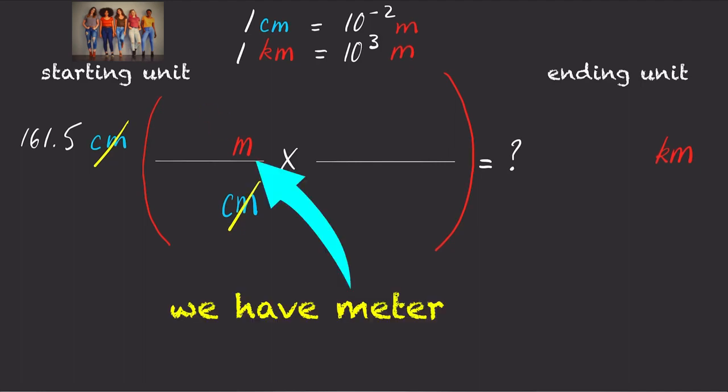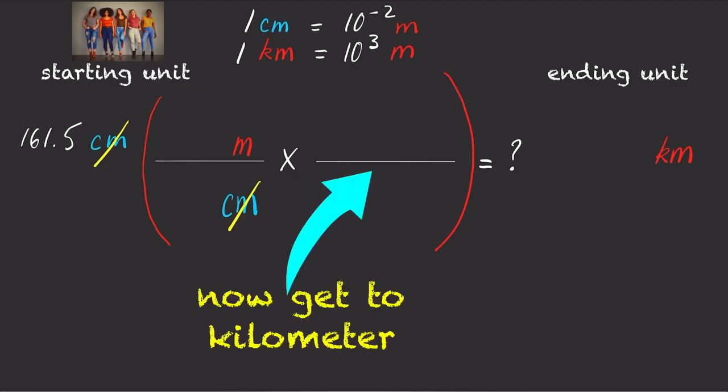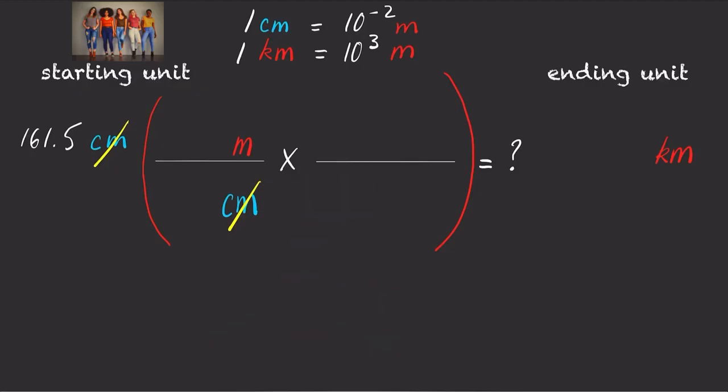But we don't want meter, we want kilometer. Now, the second conversion factor will take us from meters to kilometers. Using the relationship between meters and kilometers, we put kilometer in the numerator and meter in the denominator. Meters will cancel, and now the only unit left is kilometer, which is exactly what we want our ending unit to be.